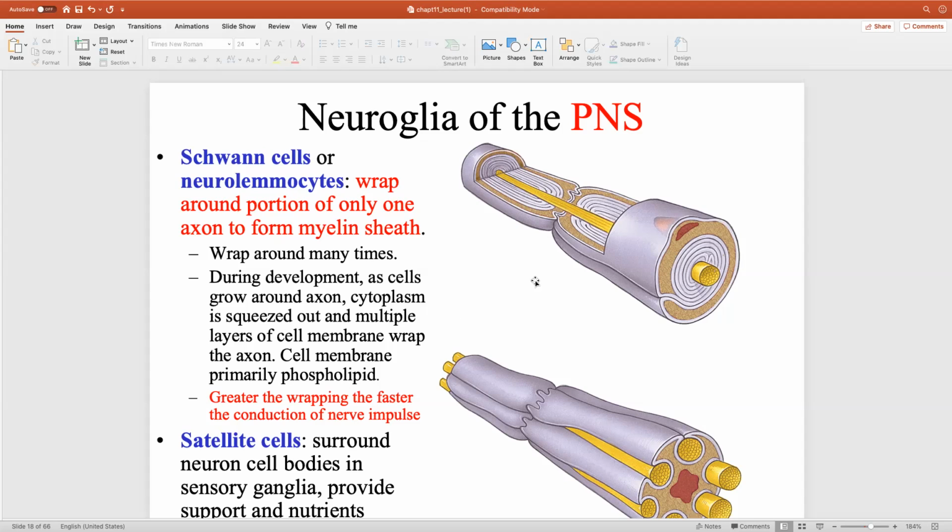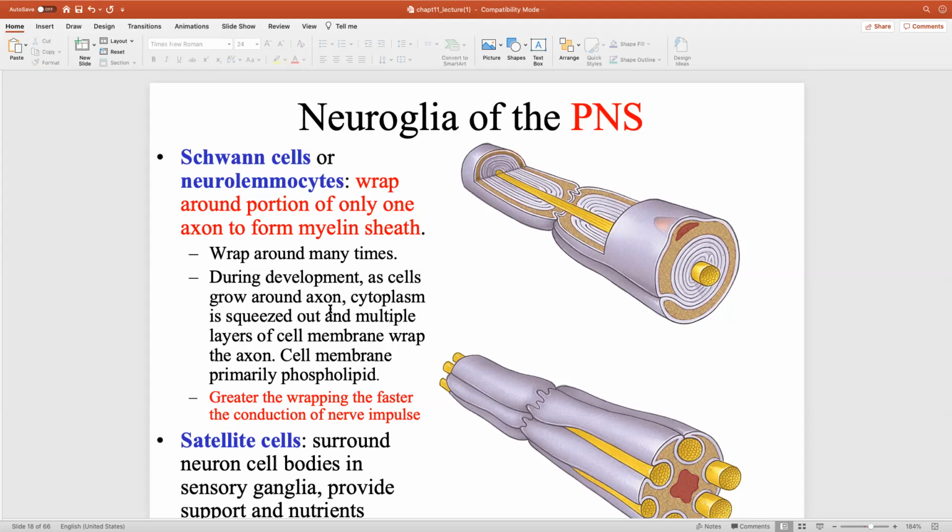Now, what happens though is that the wrapping of each axon is more complete, and you're more likely to bypass those regions that are fully myelinated. And then the space between these two Schwann cells, this crack, that's a node of Ranvier. That's the only region where we'll have action potentials.